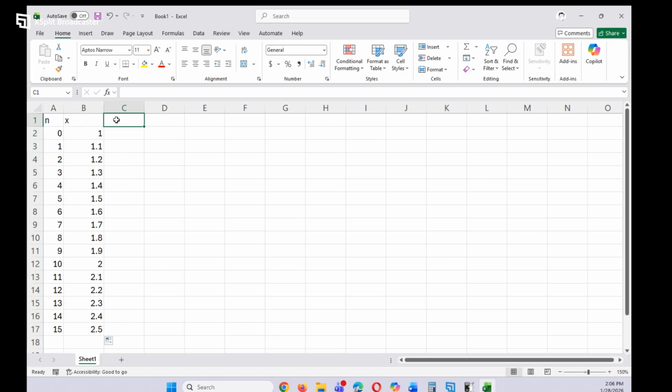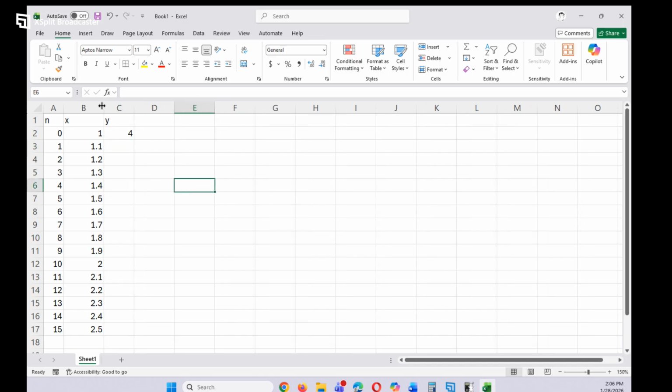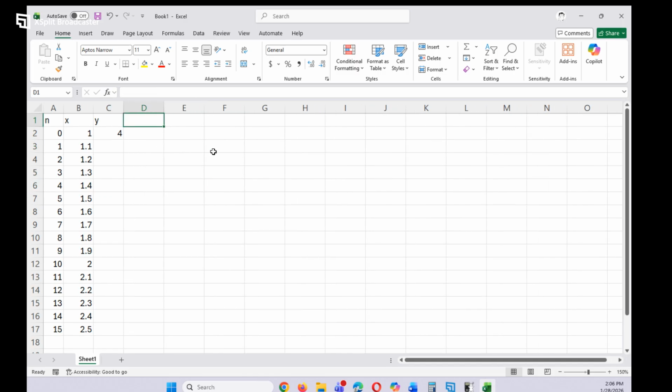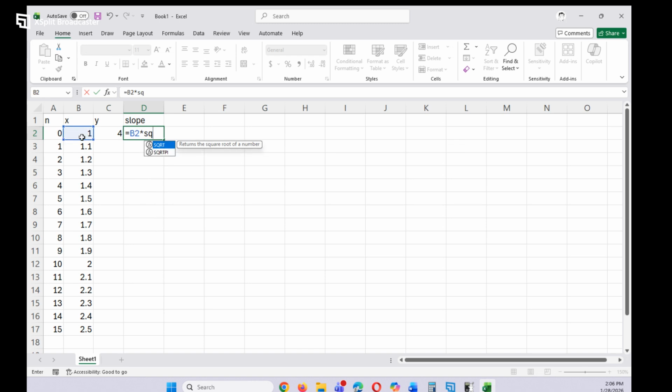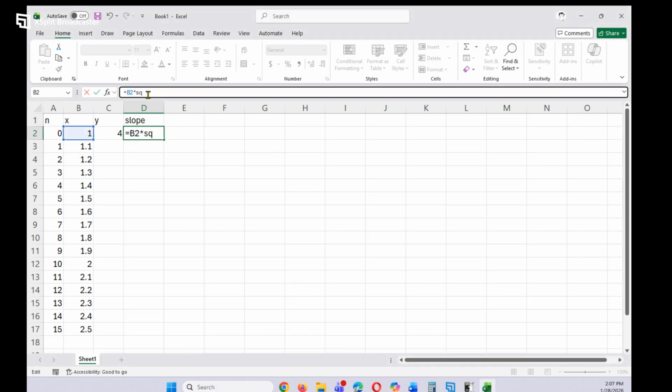Now the y. Initially it is going to be 4. Okay, the next step is a little more difficult. This is going to be the slope. And the slope is equal to this cell, x, times square root, okay, SQRT, square root of that.